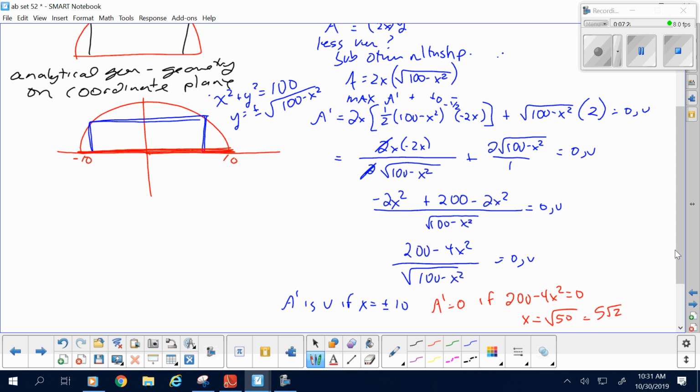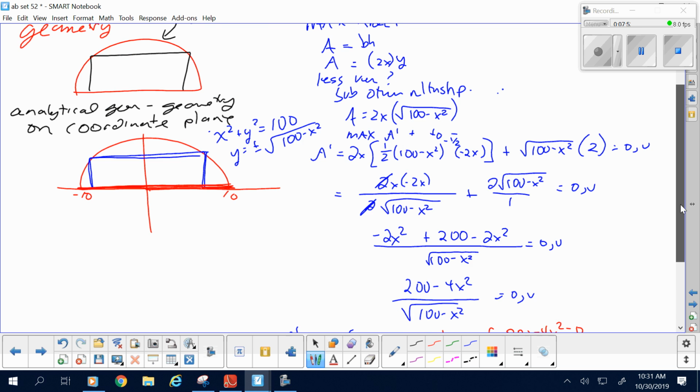In terms of a max or a min, I'm not going to make a sign chart, especially for time reasons, but if I talk x's before that, small x's, would this be positive or negative? Positive. And if after that, big x's, this would turn to negative. So is that a max then if the derivative goes positive to negative?